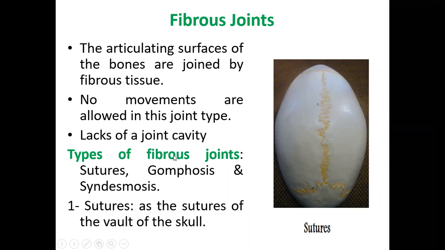Within the fibrous joint, there are different types: sutures, gomphosis, and syndesmosis. The first type of fibrous joint is the sutures. As we have already seen, these are the sutures of the vault of the skull. Then what are gomphosis and syndesmosis?